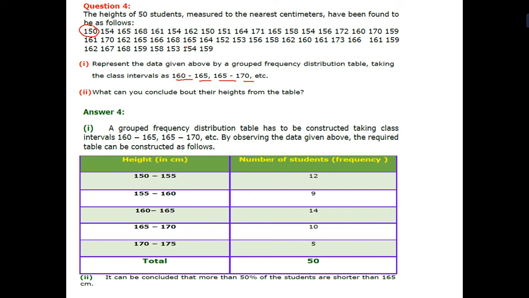Maximum observation is 170. You will see 171, 172, 173, up to 173 is the highest. So up to 175 we have to take. So 150 to 155, 155 to 160, 160 to 165, 165 to 170, 170 to 175. Number of students.